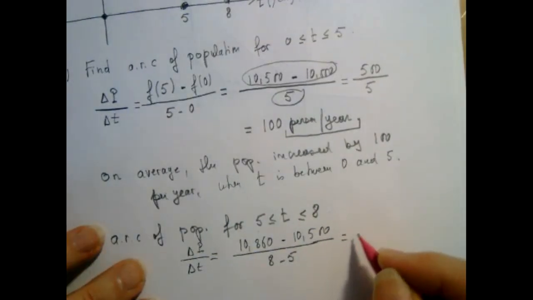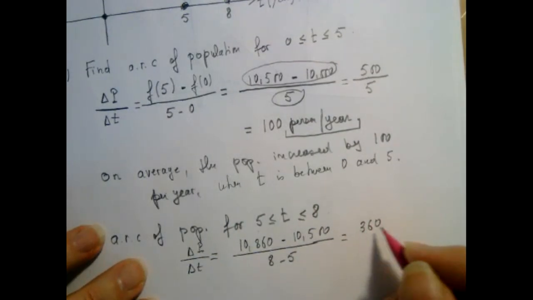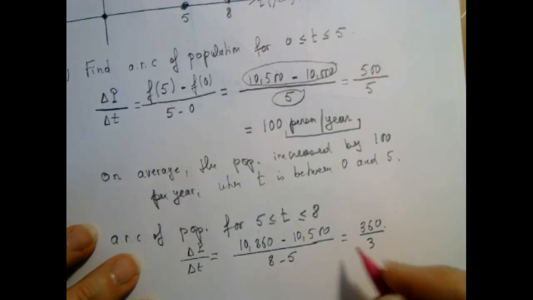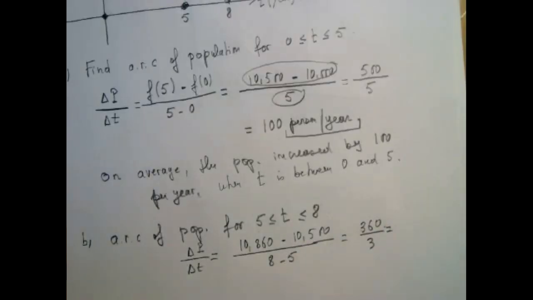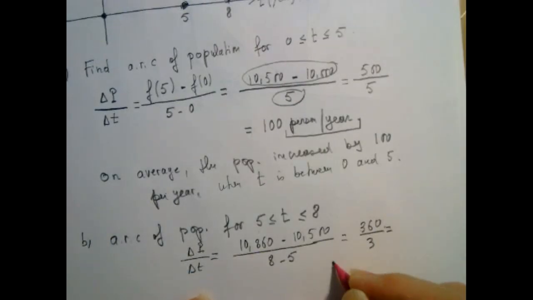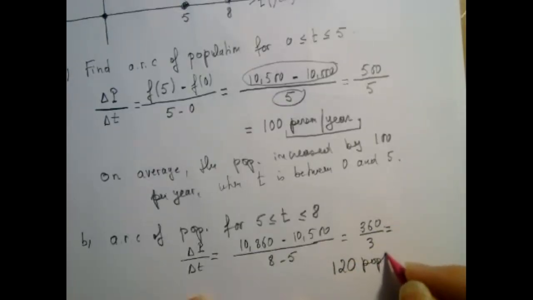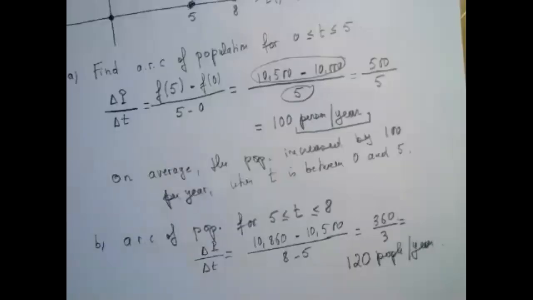So it means 360, that's by how much the population changed over the time it took, divided by 3, which is going to be equal to 120. So it means people per year.